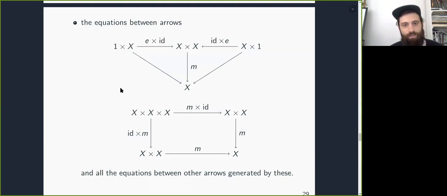If you're thinking of the objects as types, and this is just an interpretation that is helpful sometimes, you can think of the arrows as proofs: if we're given this type, then an arrow between these two types means a witness here returns a witness here.